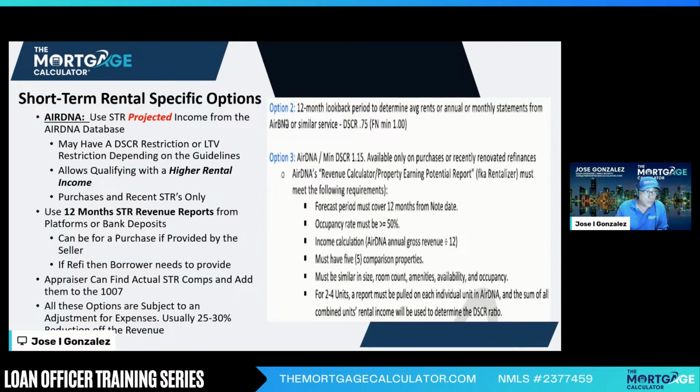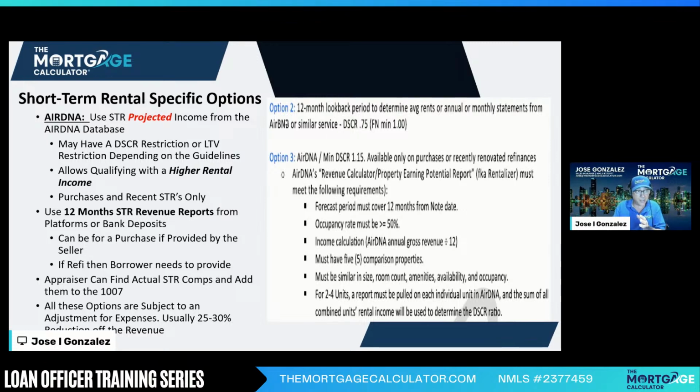Then the more standard, using 12 months short-term rental revenue reports from platforms or bank deposits, can be a purchase if the seller provides the docs, or if it's a refi, then the borrower needs to provide the docs. Usually if you have less than 12 months, let's say you have 9 or 10 months, you may get the exception, but you'll have to average it out over the year, right?